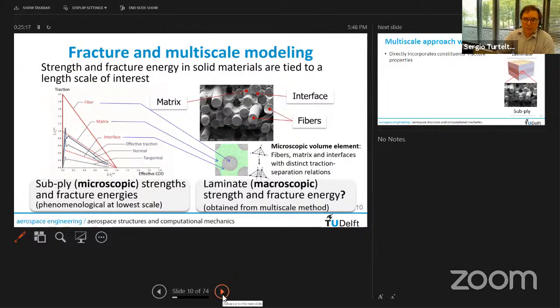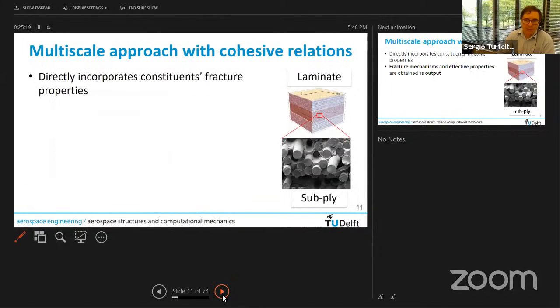So how do we do that? And what is the advantage of that? If we do it this way, I would claim that an advantage is that we can immediately, without having to think too much about it, incorporate the information about the fracture energy of each one of the constituents, because you do it in a one-to-one fashion.